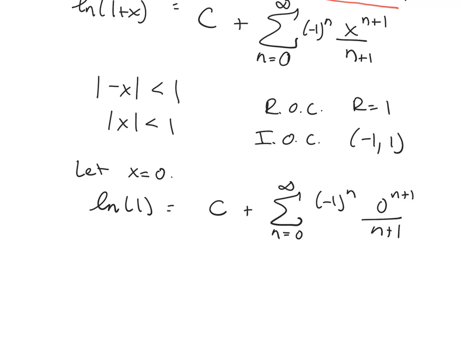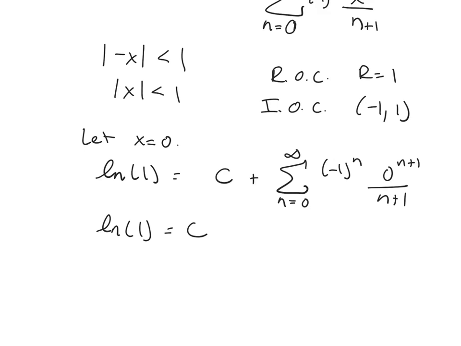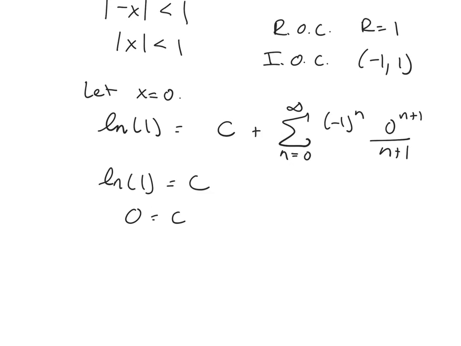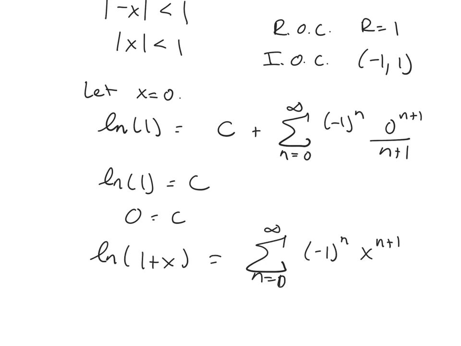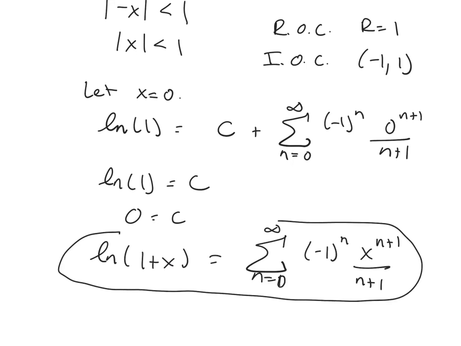You're left with just C on the right-hand side. But ln of 1 is just 0. So actually, there is no constant. My power series representation for ln of 1 plus x is just the summation part, the sum from n equals 0 of negative 1 to the n, x to the n plus 1 over n plus 1. So this is your power series representation.